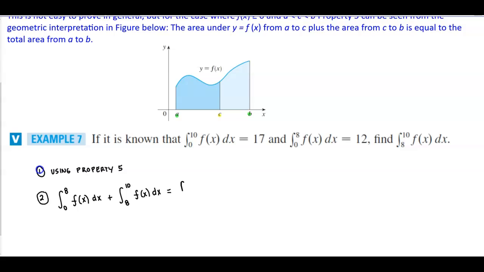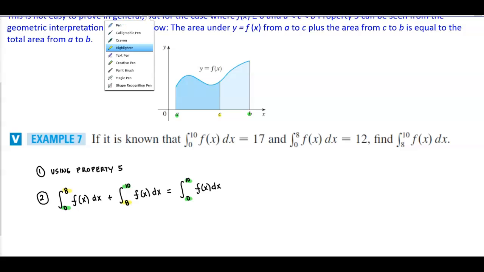That's going to equal the integral from 0 to 10 of f(x) dx, because we wanted to match the property of what we did earlier. Let's take a look here. We know the first integral has an upper limit of 8 and the second has a lower limit of 8. We want our beginning limit to be 0 and our final limit to be 10, which gives us the following.